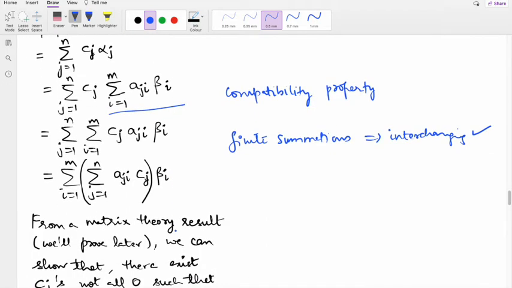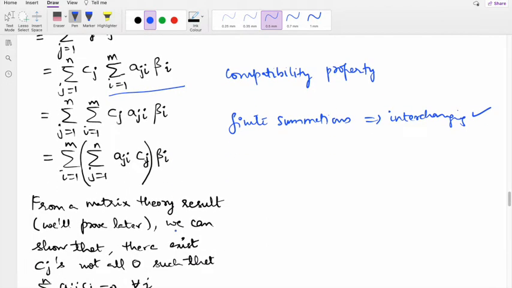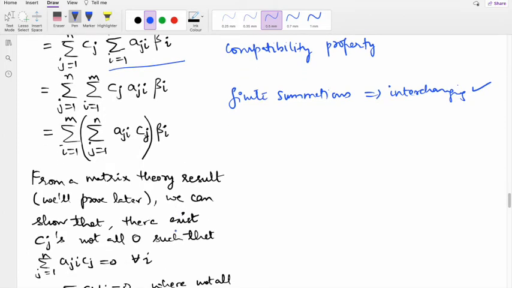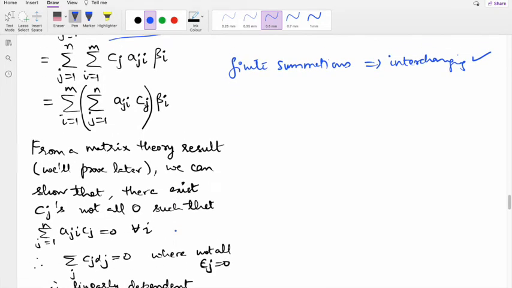Now we have a result in matrix theory. We'll prove that later, as part of the idea of looking at matrices as linear transformations. Currently the result is that we can show there exist cj's which are not all zero, such that this particular combination becomes zero for all i.